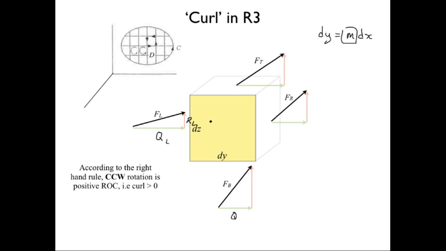So as Z changes, it's going to be Q, right? It's Q bottom and Q top that are going to, with respect to Z, give us rotation. And then similarly, with respect to Y, yeah, it's going to be the vertical components on the left and right, or R.